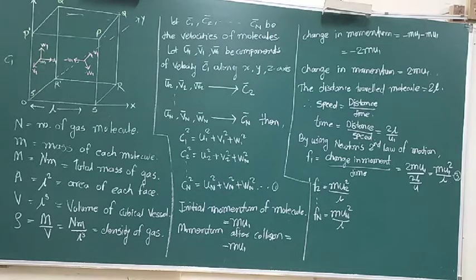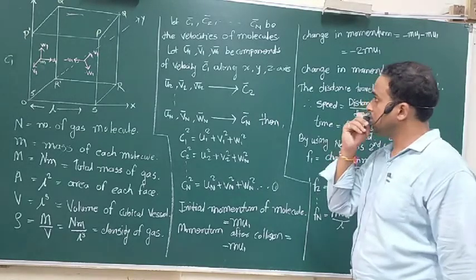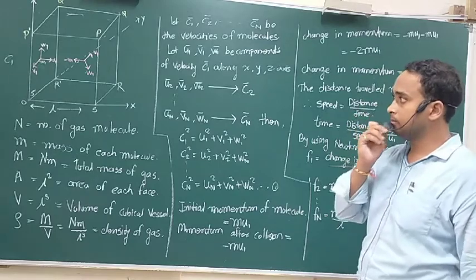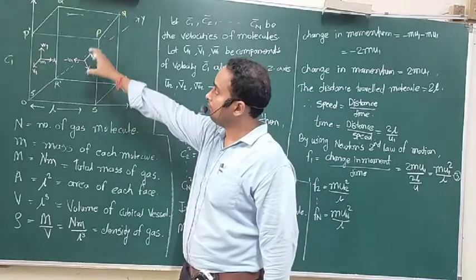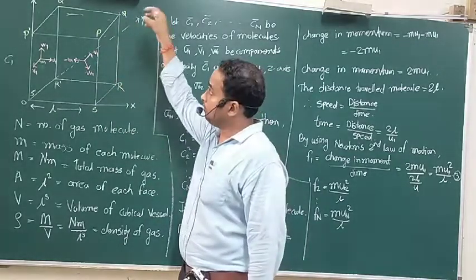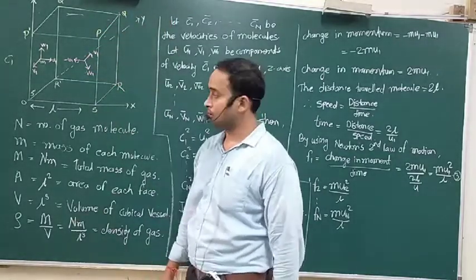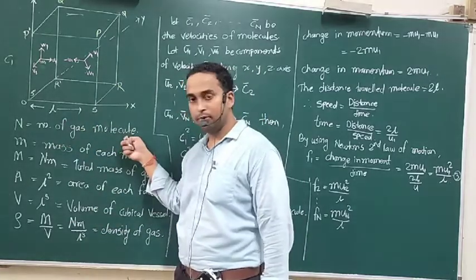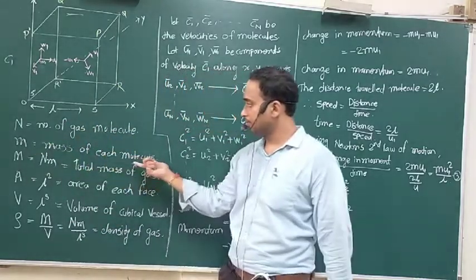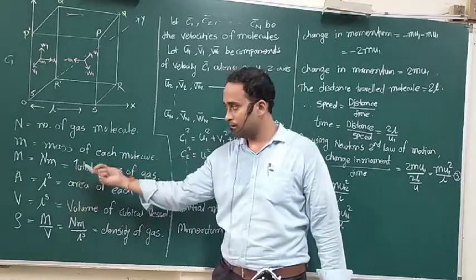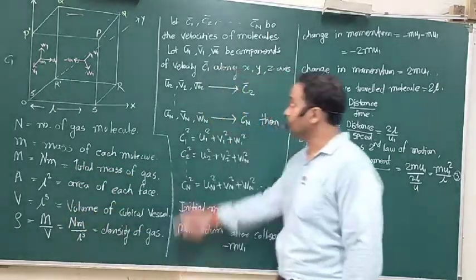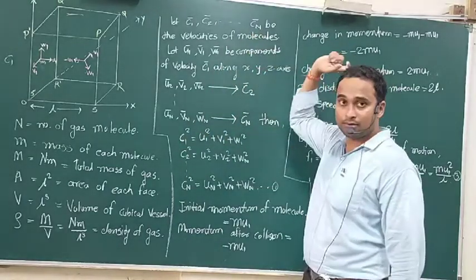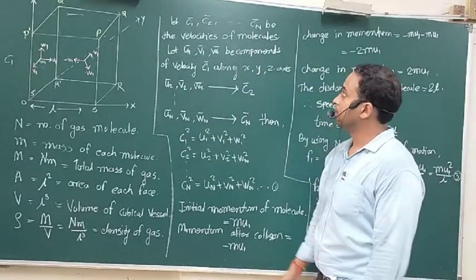Before I erase this, I can explain again. Let us consider a cubical vessel in which we enclose a gas. Let n be the number of gas molecules, small m be the mass of each molecule, capital M be the total mass, A be the area, V be the volume, rho is the density. C1 bar, C2 bar, Cn bar be the velocities of the molecules.